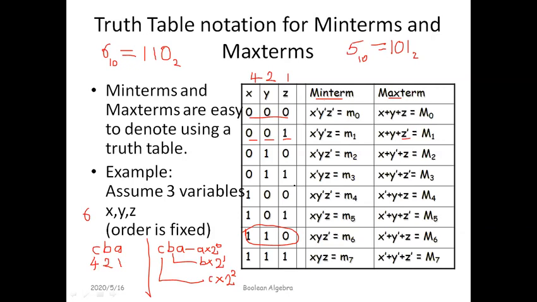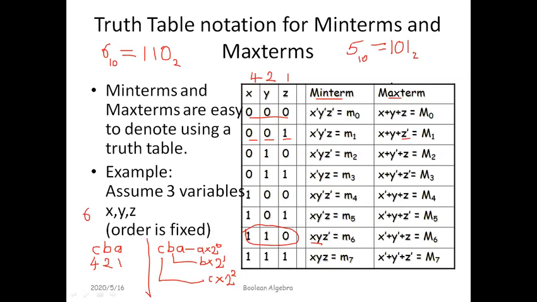The min term for 1, 1, 0 will be x, y, because the x, y are not being inverted. So we have them here, x, y. Then the 0. 0 is an inversion. So z is inverted. Is equal to M6. This 6 is the decimal equivalent of 110.